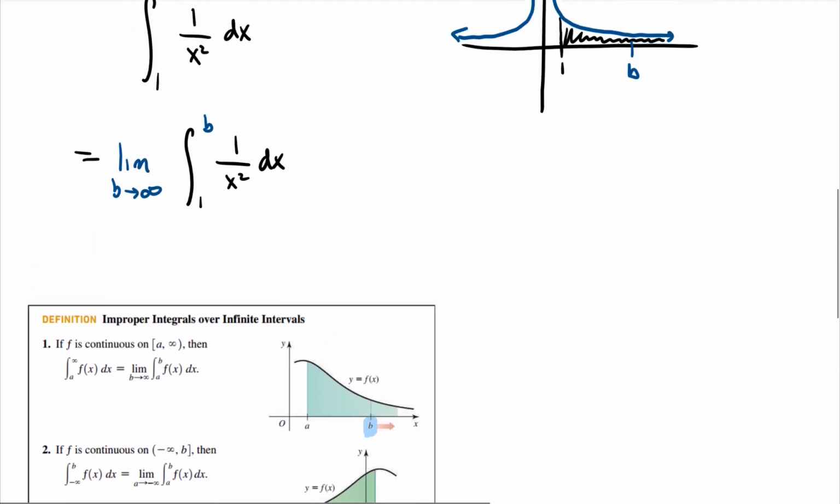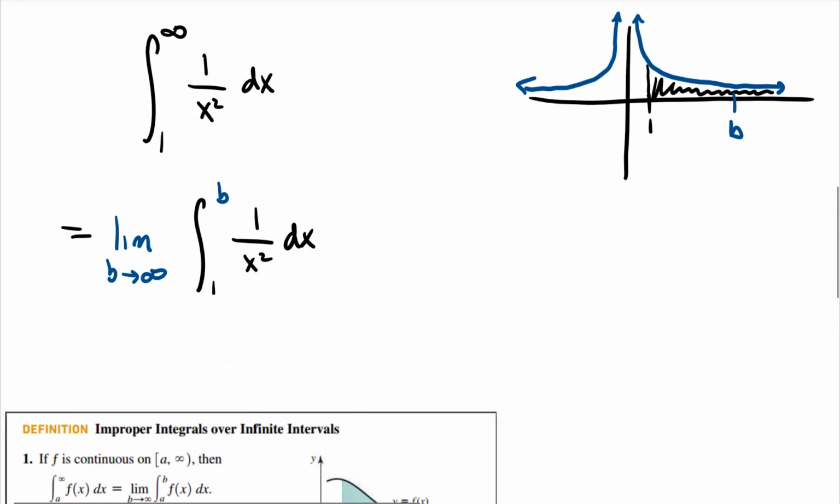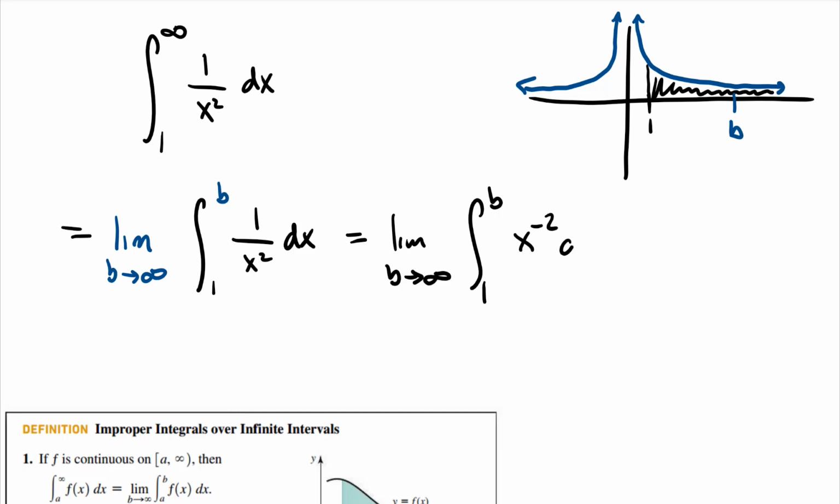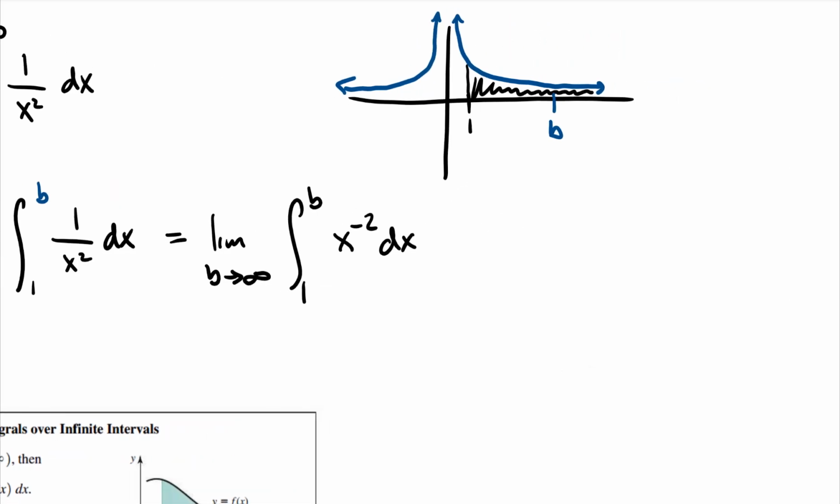So let's see this problem in action. There's nothing to it. Let's rewrite this: limit as b tends towards infinity from 1 to b of x to the negative second power. Sorry, I'm going left to right, but I don't have room. Now let's tackle our problem. We're going to add 1 to the exponent, which becomes x to the negative first, and we need to make sure to use a negative.